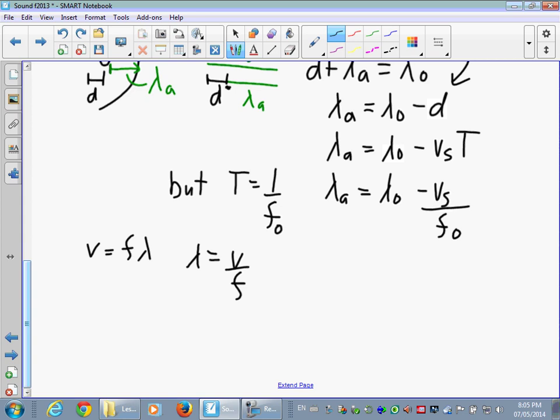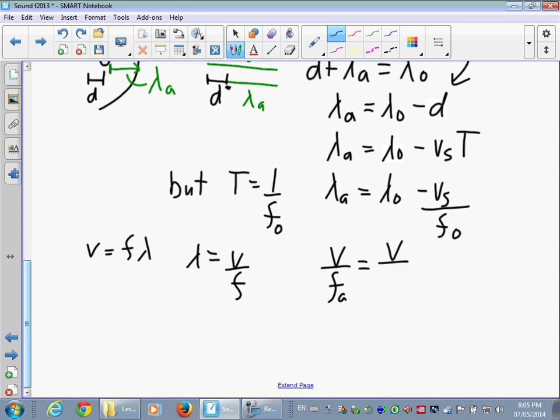So in the case of lambda A, the approaching wavelength is equal to the speed of the wave divided by the frequency that is detected when the object is approaching. Same thing for lambda naught.